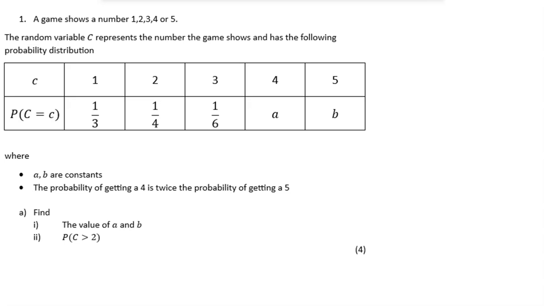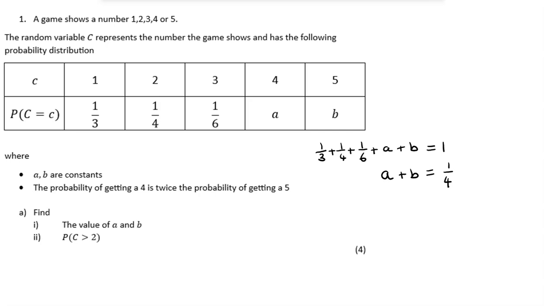So we know that a third plus a quarter plus a sixth plus A plus B, all those probabilities are going to add up to 1. So adding up these fractions on the left hand side, that's going to come to 3 over 4, and then we can take away that 3 over 4 from both sides, and we get that A plus B equals a quarter. Okay, so at the moment I've got one equation, but I've got 2 unknowns. That's not going to be enough for me.